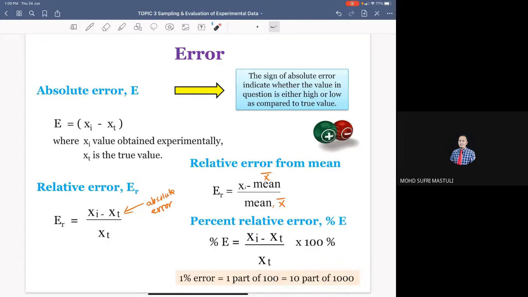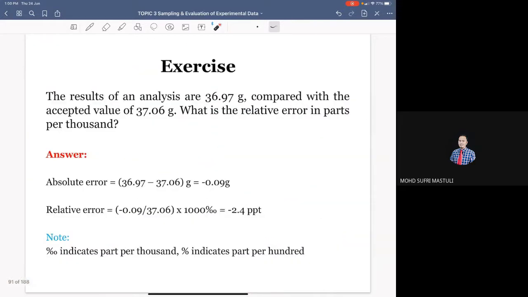So, a very simple exercise. The result of analysis is 36.97. This is the experimental result compared with the accepted value, which is the true value. What is the relative error in parts per thousand?